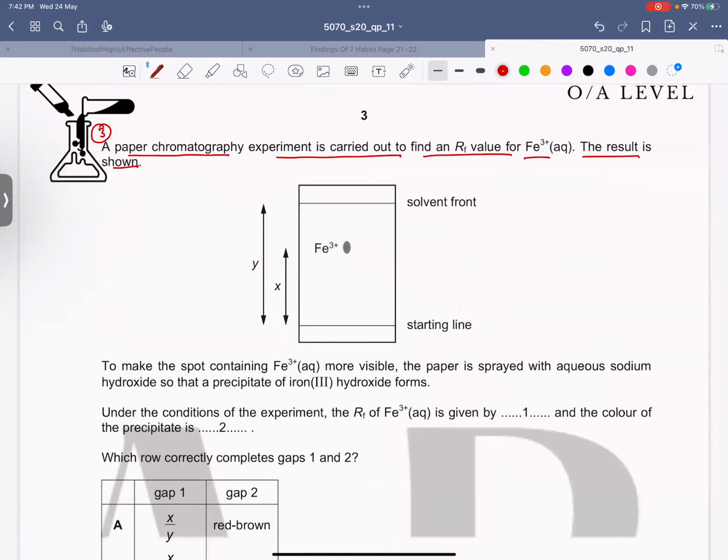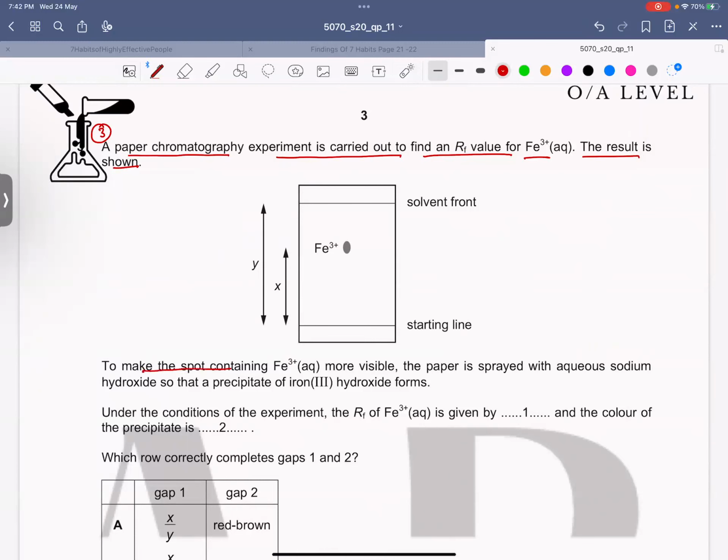The result is shown. And here we have a spot of Fe3 positive, which traveled X distance from the baseline or the starting line. And we have another mark, that is the solvent front, that is the distance traveled by the solvent, which is distance y, right?